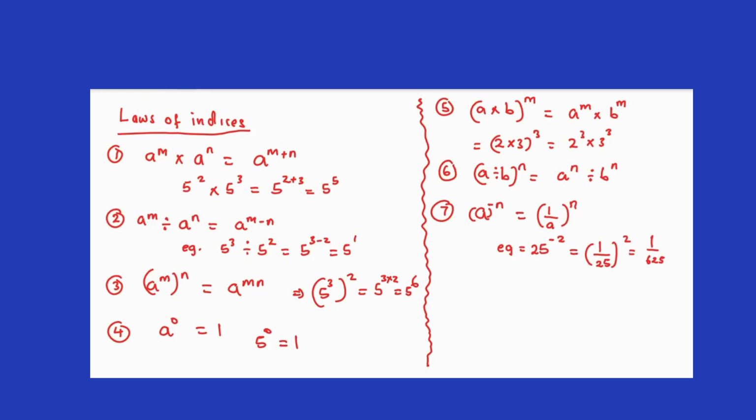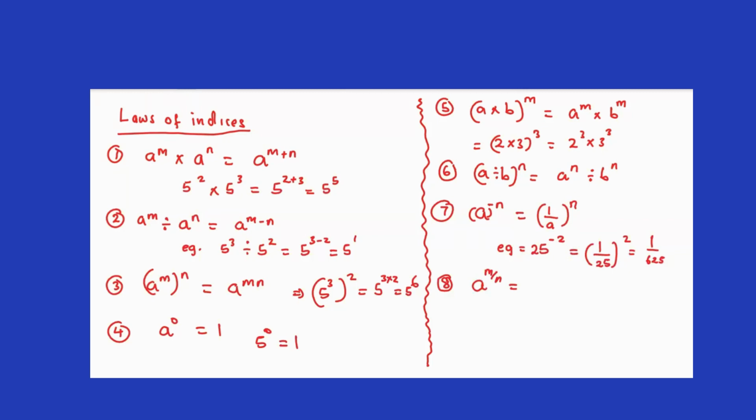Wow, the last law of indices is a fractional power. So we have A raised power, let me use an unknown there, A raised power M over N. So the numerator there shows a power with no root, but the denominator shows a power which has a root.